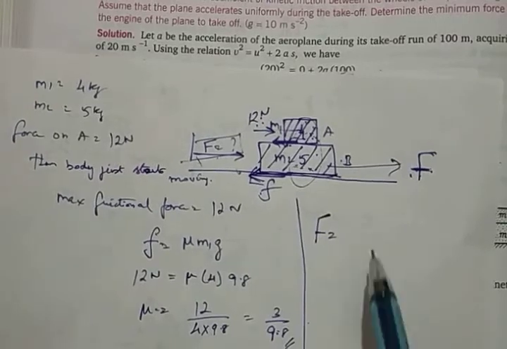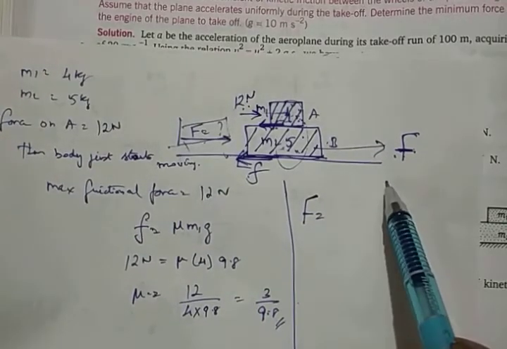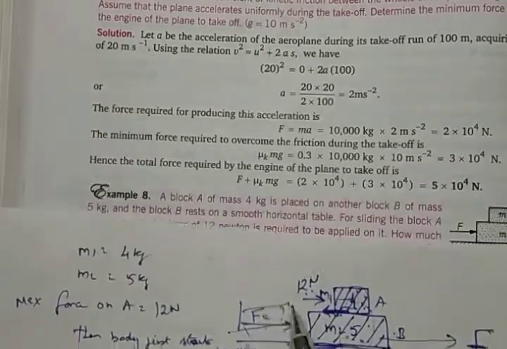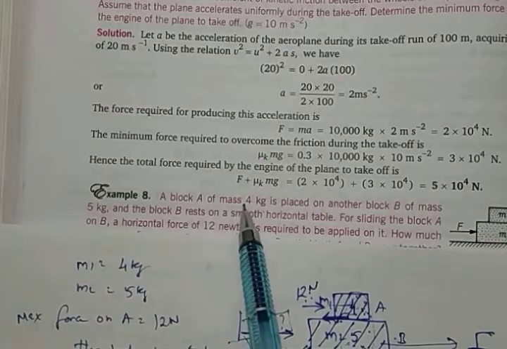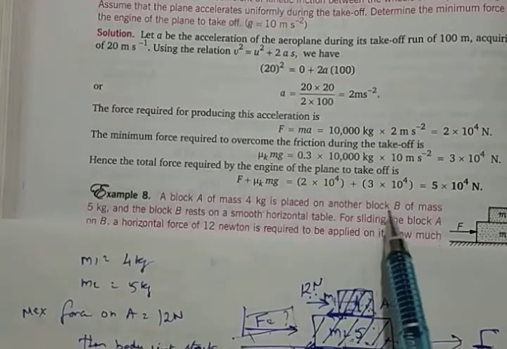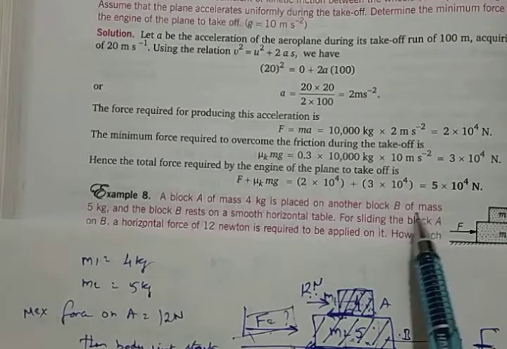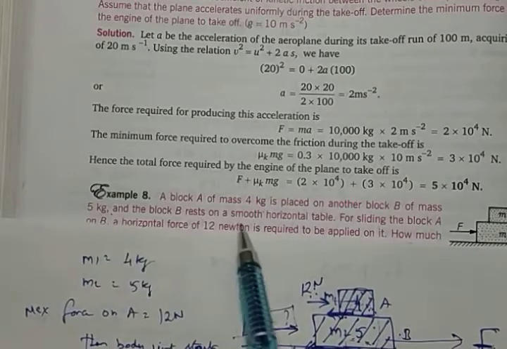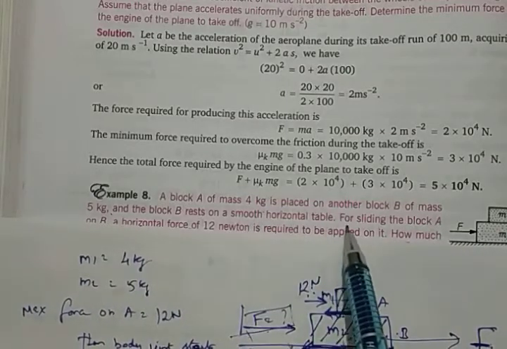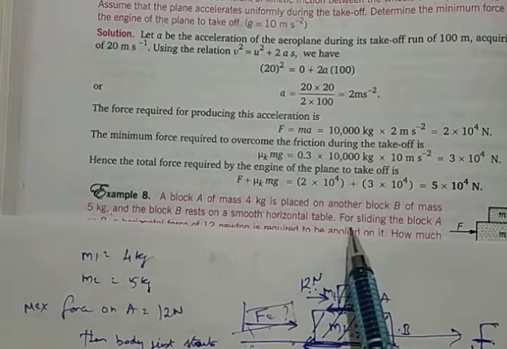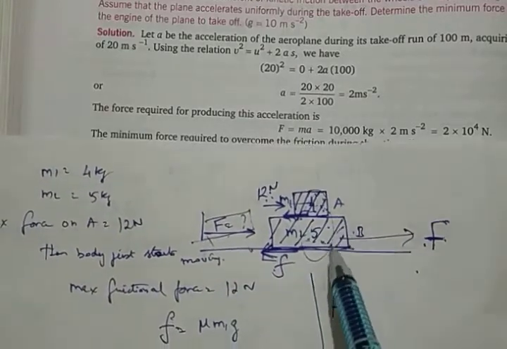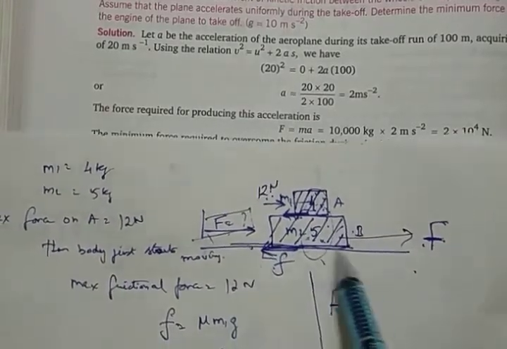Alright, there is one correction we need to make here. Let us read the question once again. Block A is of 4 kg present on block B, and block B is 5 kg, and block B rests on a smooth horizontal table. What does it mean by a smooth horizontal table? Block B is resting on a place where there is no friction.